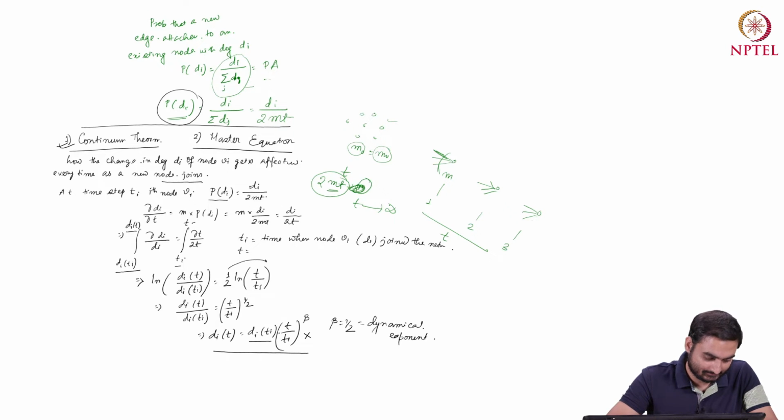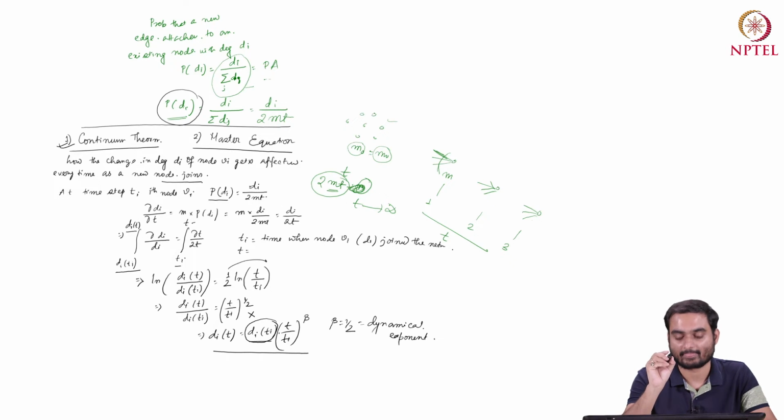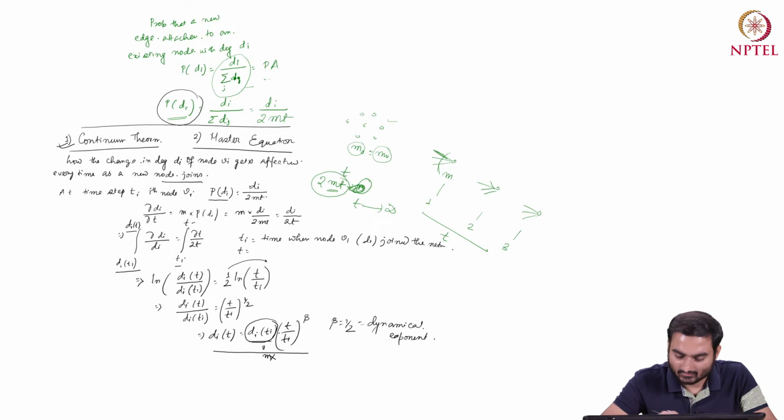Let's try to understand this. Degree of node v_i at time t_i. Time t_i is the time when node v_i joined, and when node v_i joined with m edges, the degree was m. So we have d_i(t) is m times (t by t_i) to the power beta.